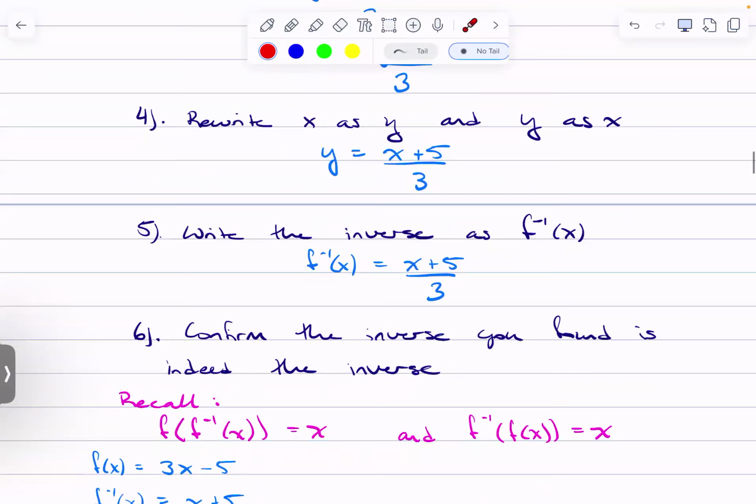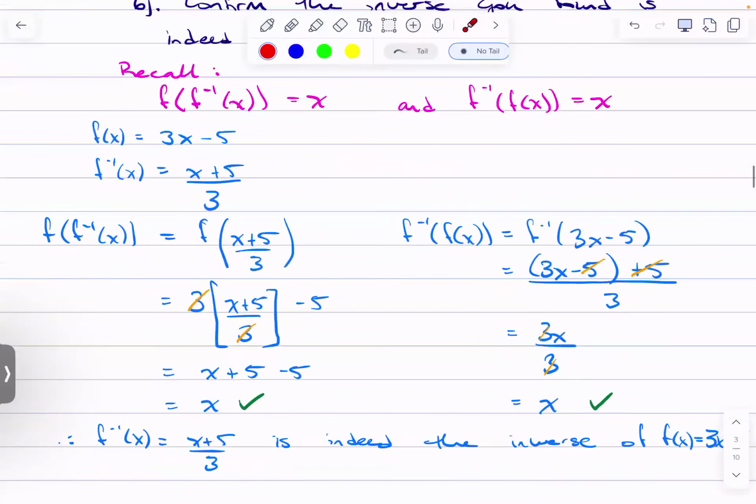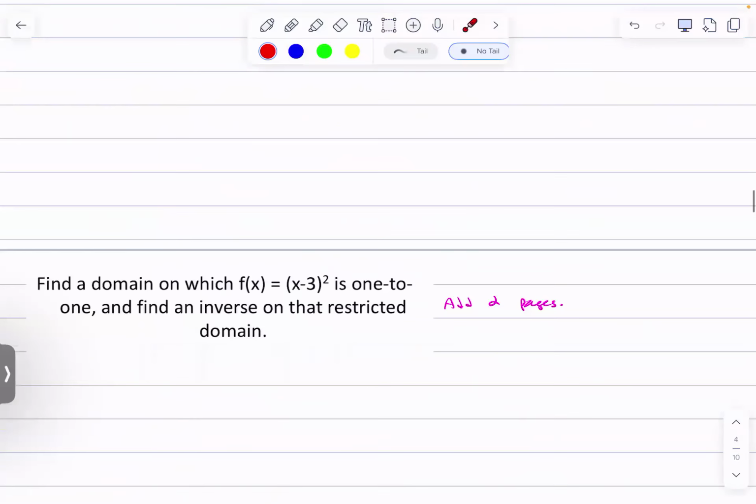And then you can write the inverse as f inverse of x. So usually I give you a function, right? And I say, part A, find the inverse. And then you do that. Part B, confirm that the inverse is indeed the inverse.